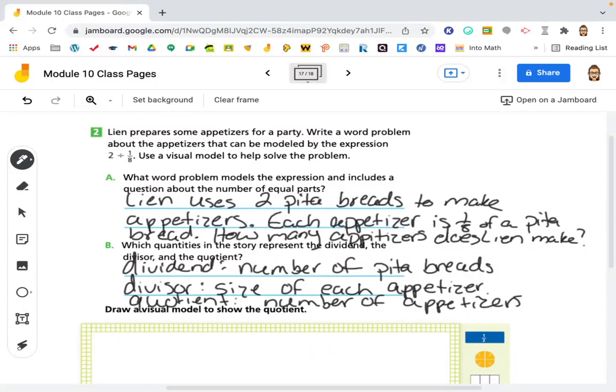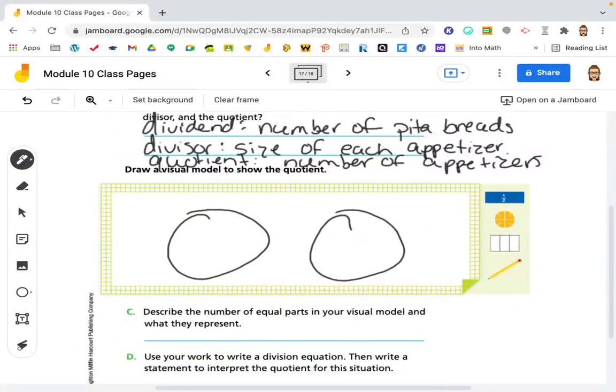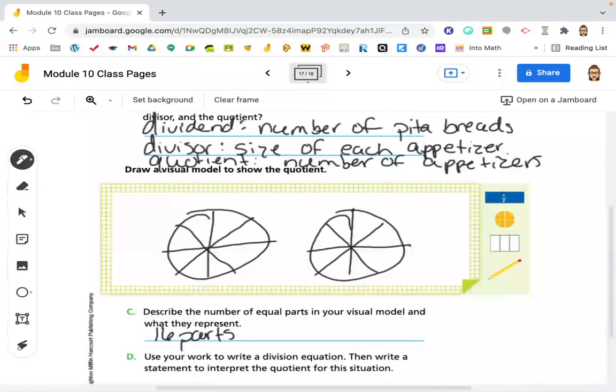This says draw a visual model to show the quotient. So we're going to start with 2. And we're going to divide each into 8ths. And this says describe the number of equal parts in your visual model and what they represent. So there are 16 parts, and they represent the number of appetizers.